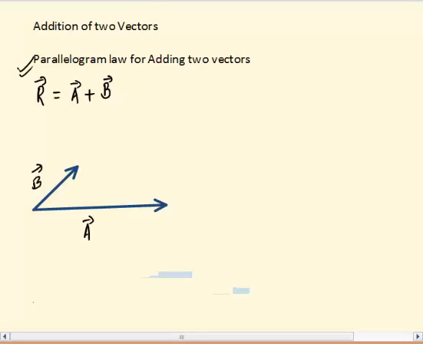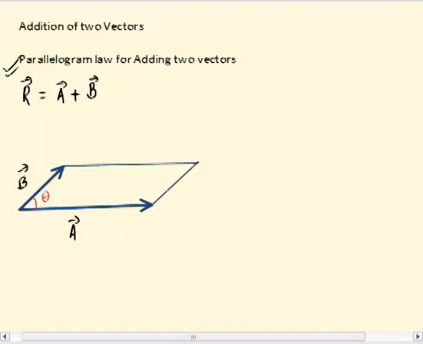So our angle theta between the two vectors is this angle. Now, the parallelogram law states that you have to complete a parallelogram using A and B as adjacent sides. So let's try to do that. So we have made a parallelogram using A and B as adjacent sides.